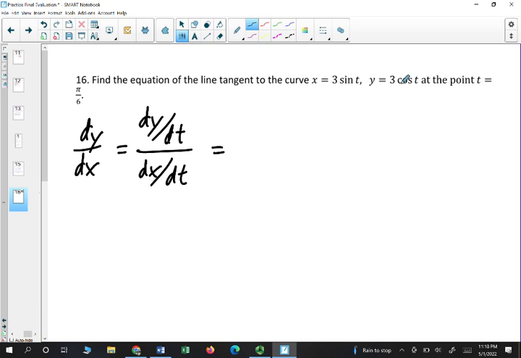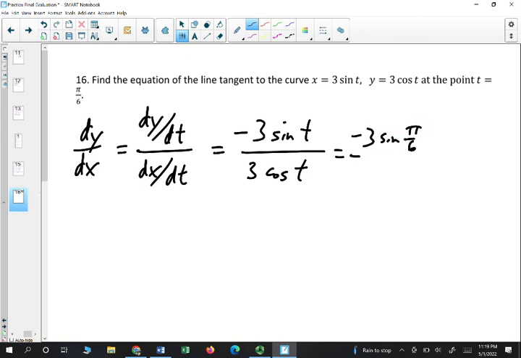So the derivative of y, the derivative of 3 cosine t, the derivative of cosine is negative sine, so this will be negative 3 sine t. dx dt, the derivative of sine is cosine, so this will be 3 cosine t.